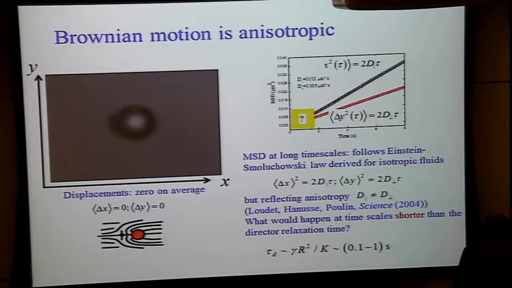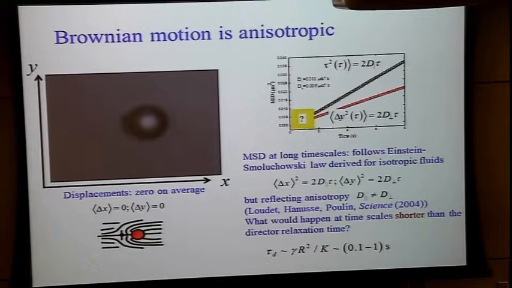So let's now consider the Brownian motion of particles in the liquid crystal. It was shown by Lavrentovich, Poulin and Hanus that when you have a colloidal particle in the nematic environment, then it experiences Brownian motion, of course, but this Brownian motion is anisotropic. So if you measure displacement in this direction and in this direction, you would find the law that we thankfully call the Einstein-Smoluchowski law, but it will be a different diffusion coefficient for the displacement parallel to the director and the displacement perpendicular to the director.